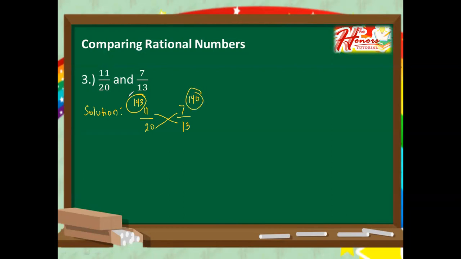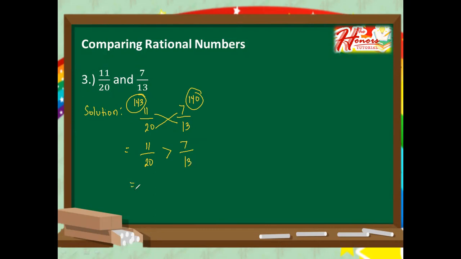Kindly compare which is bigger. Is it 143 or 140? So the bigger number here is 143. So therefore, we can say that 11 over 20 is greater than 7 over 13. If we are going to put that into symbol, then it will become 11 over 20 is greater than 7 over 13.